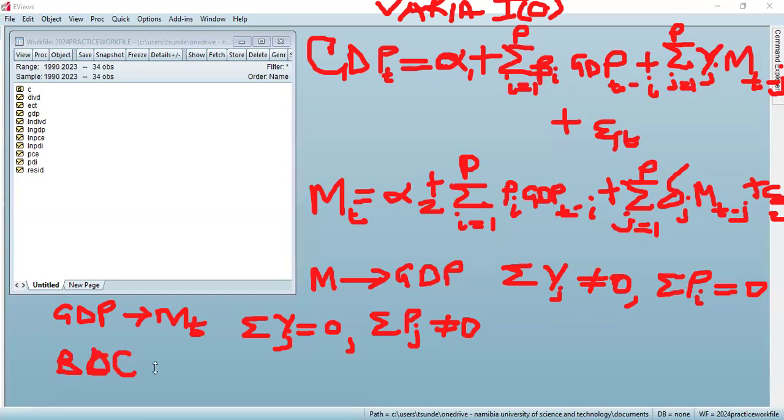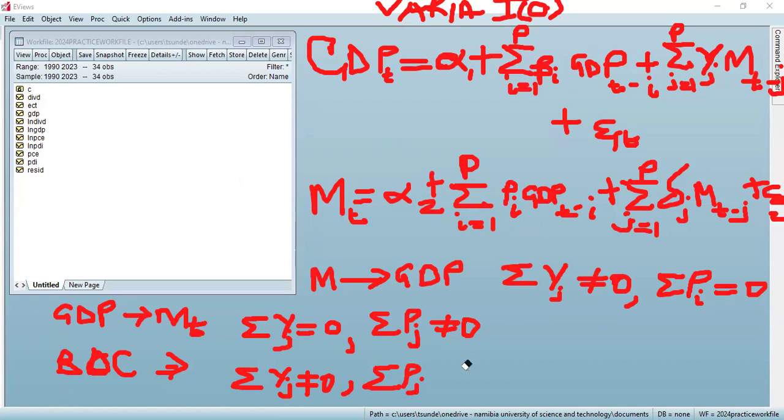The conditions for bidirectional causality are that the summation of the gamma j's in equation 1 is not equal to 0. And also that the summation of the rho i's is not equal to 0.